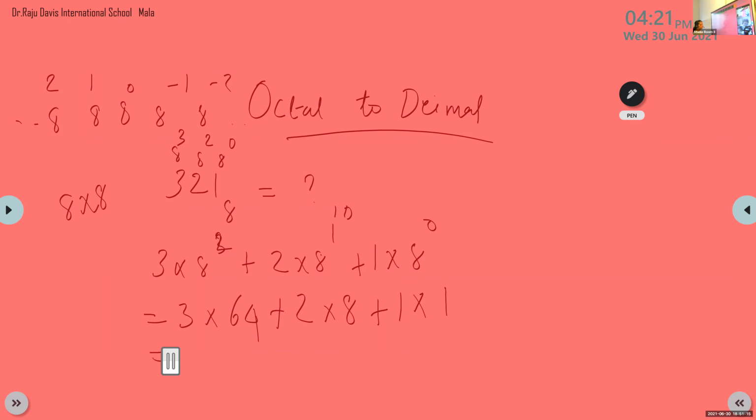So what is 64 into 3? 192. 192 plus 8 into 2, it is 16, plus 1 into 1, it is 1. So what is the final answer? It is 209. Is it clear?